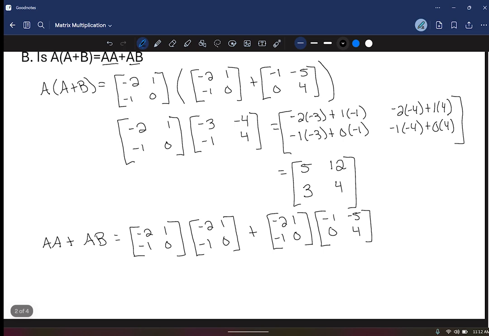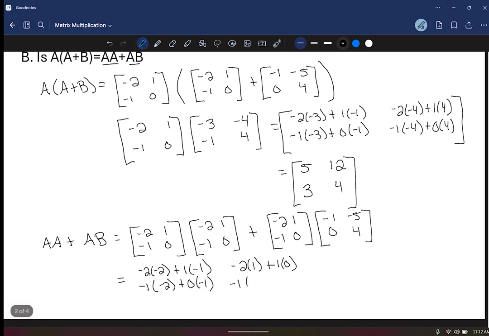All right, so if we multiply A times A, we get -2 times -2 plus 1 times -1. -2 times 1 plus 1 times 0. -1 times -2 plus 0 times -1.